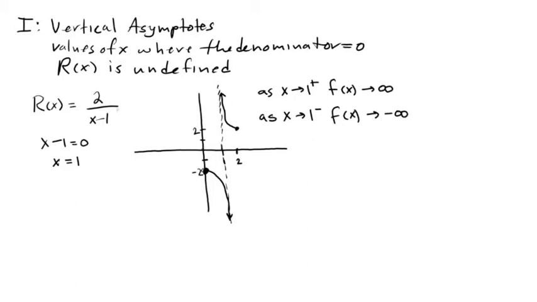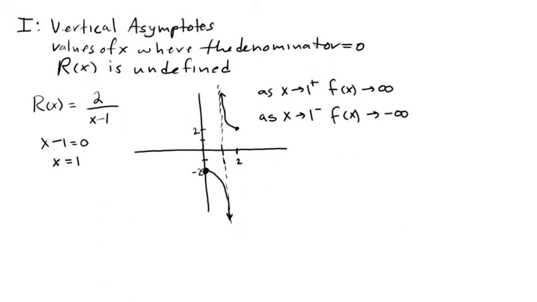And if you think about what happens to the function here, as I get close to 1, the denominator gets closer and closer to 0. So as the denominator gets closer and closer to 0, the value of the function gets infinitely large. That's what I was trying to say. And that's true again from the left.